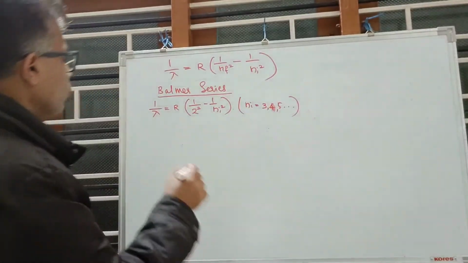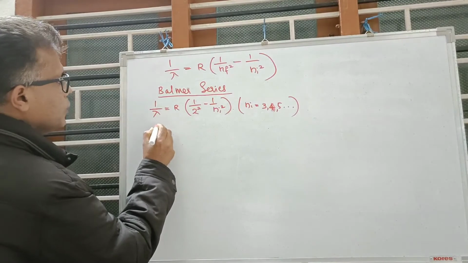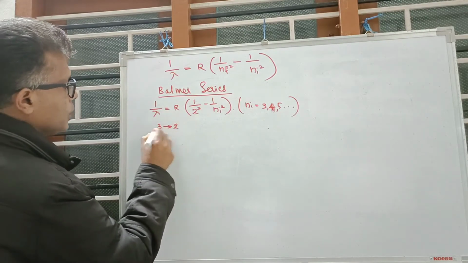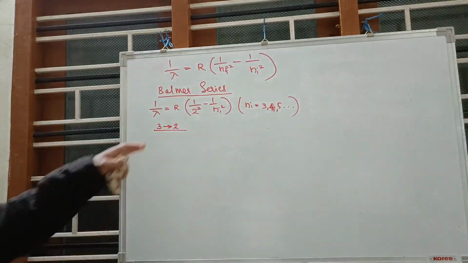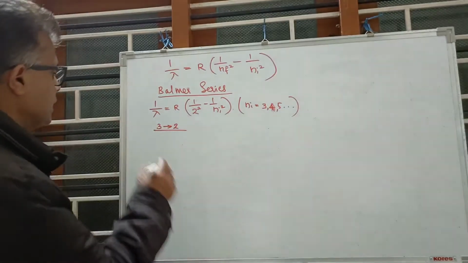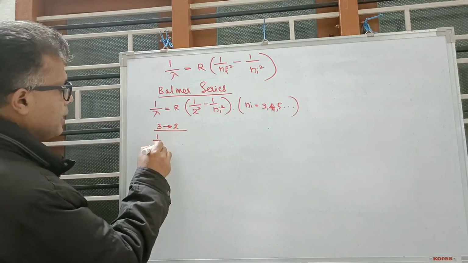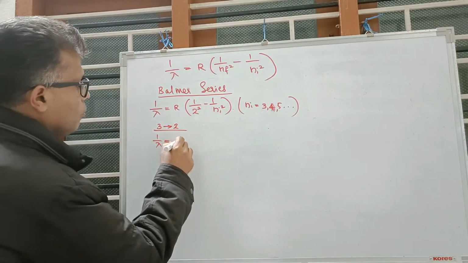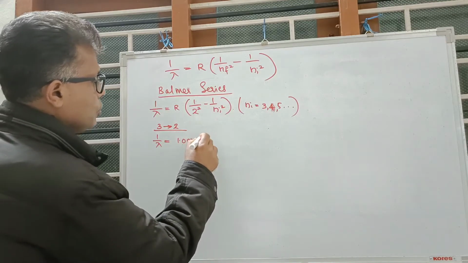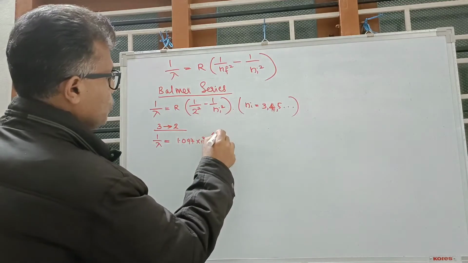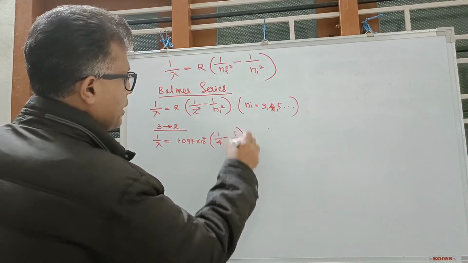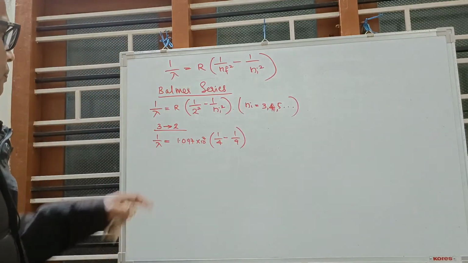Okay, now I am going to write an electron jumping from third to second. An electron is jumping from third orbit to second orbit. Okay, I am just calculating 1 by lambda is equal to 1.097 into 10 raised to 7 into 1 by 4 minus 1 by 9. Clear, no?